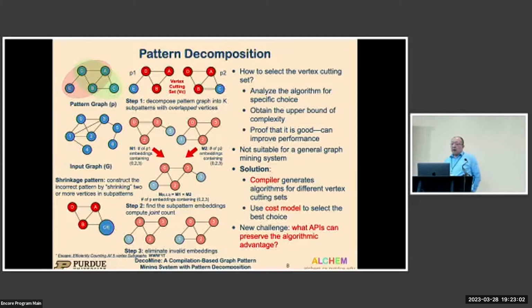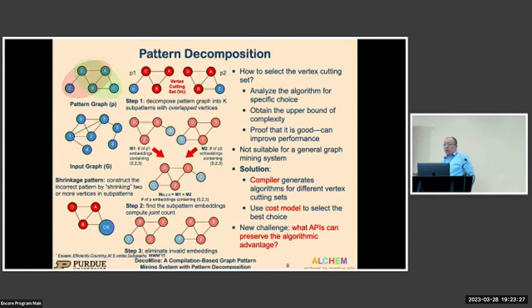In the original algorithm paper, an obvious problem is how do we decide the breakdown or the decomposition? In the paper, they analyze the algorithm for the specific pattern, try to understand the computation complexity and upper bound, and then choose the implementation with the lower upper bound.